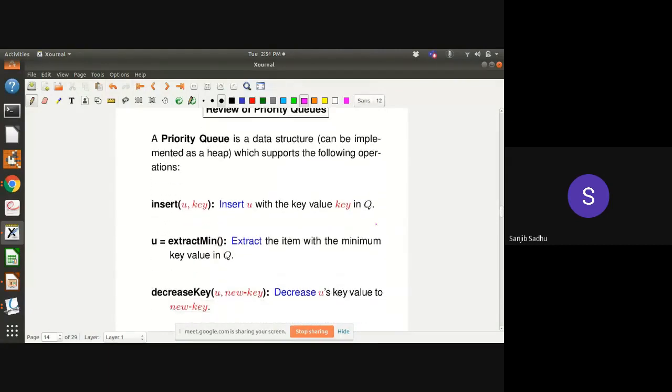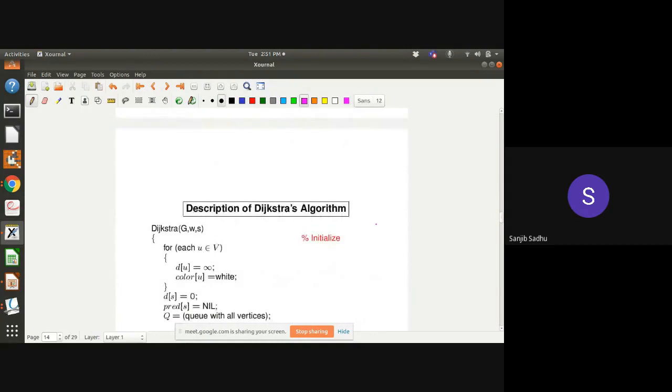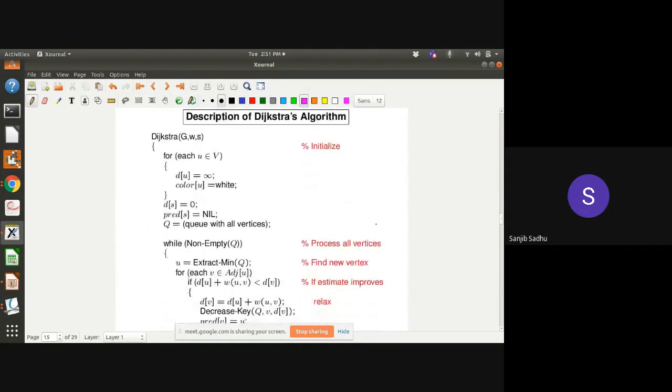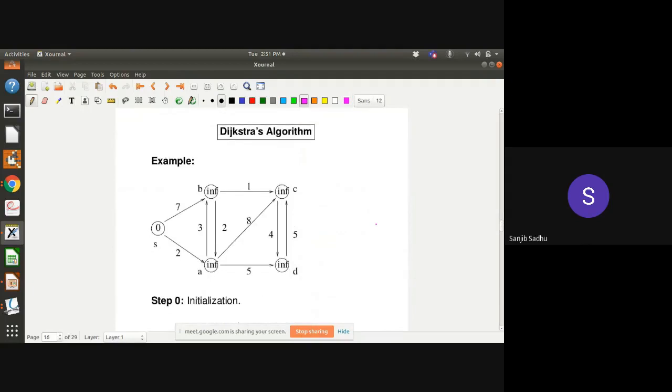Insert means you insert an item with a key value into the priority queue Q. Extract minimum extracts the item with the minimum key value, and decrease key decreases the key value to the new key. These are the operations, and this is the algorithm. Next I will show you the example.